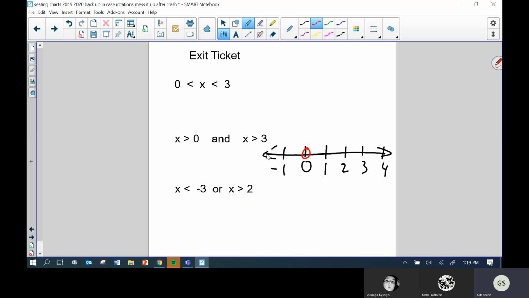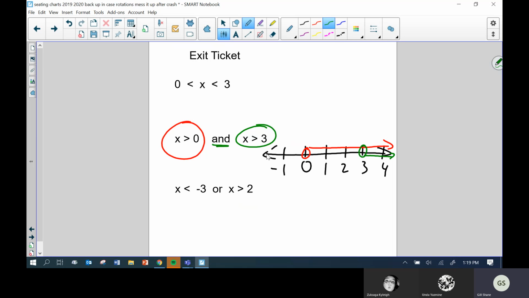I put that there. That was my red. I also need it to be greater than 3, and it's an "and" problem.